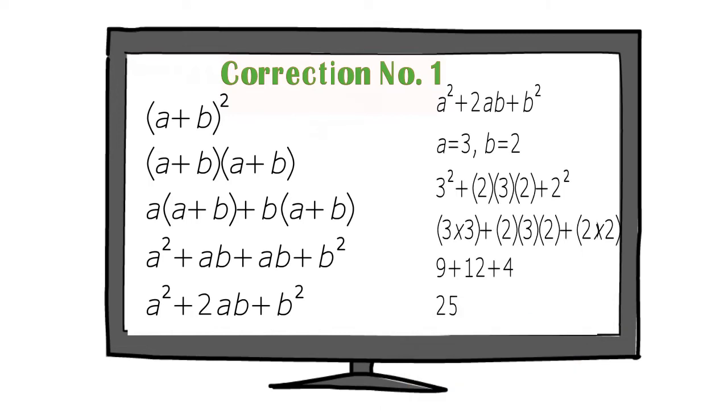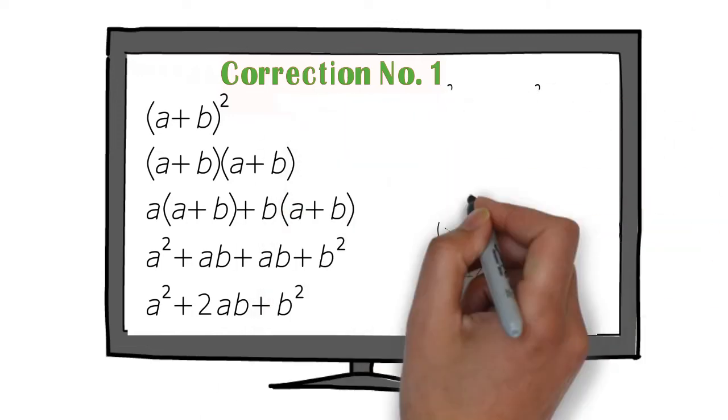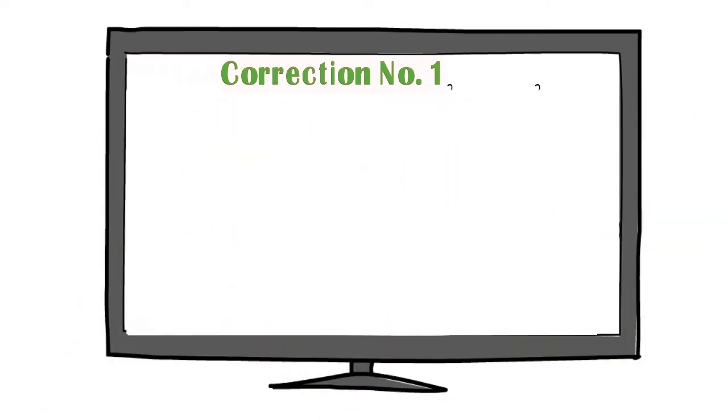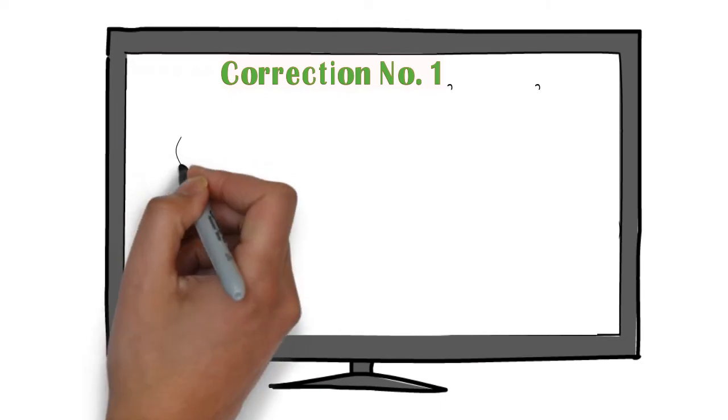Wow, interesting. So clearly a plus b squared gives us 25 and a squared plus 2ab plus b squared also gives us 25.